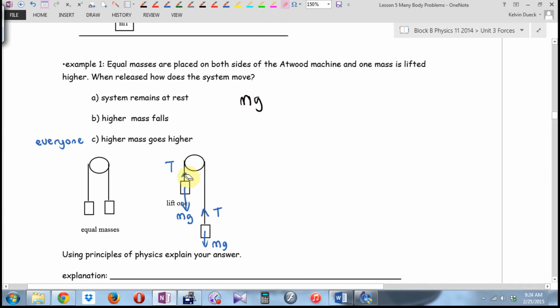This tension here, winner or loser? Now, this tension here, you might say it's pointing up, it's a loser, but look, if you follow it all the way, when it gets to this side, which way will it be pointing? Down, making it a winner plus.